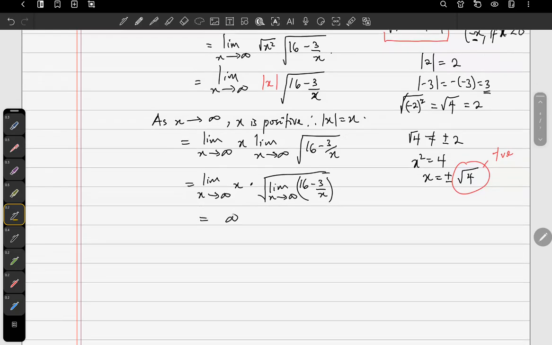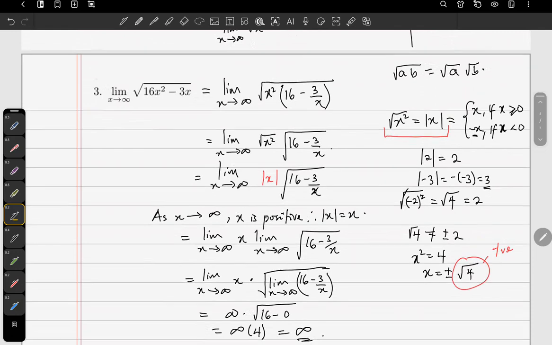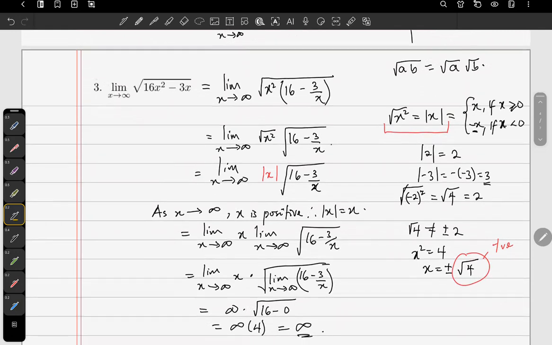So this is going to be infinity times the square root of 16 minus 0, because the limit of 16 is 16, irrespective of what you have. And that is infinity times 4, which is just going to be infinity. So this is the general trick we use: factor out stuff, especially the highest power, then move on.